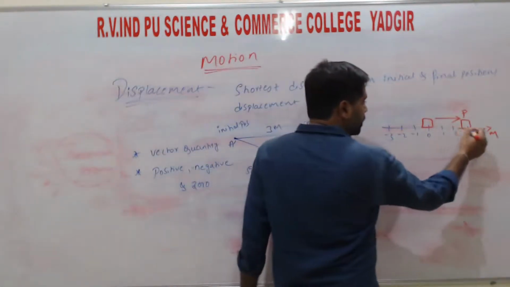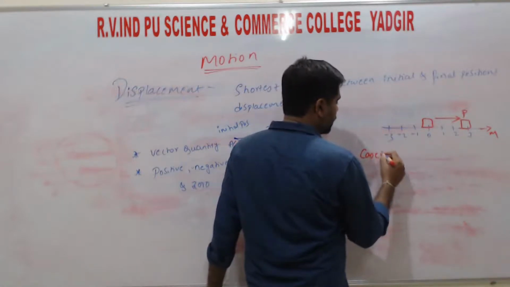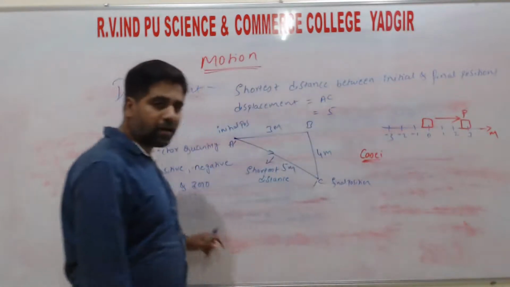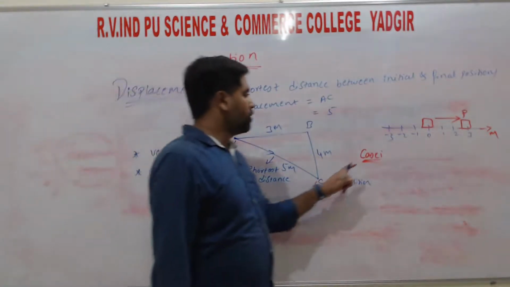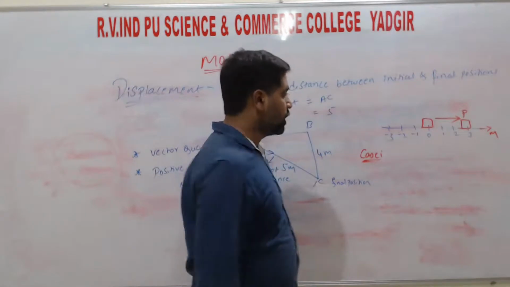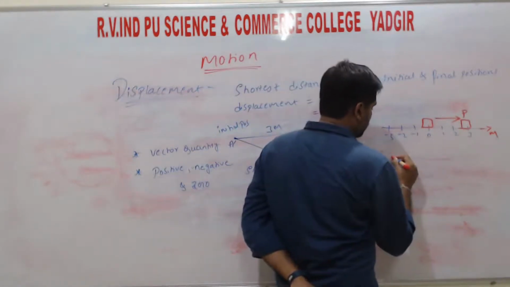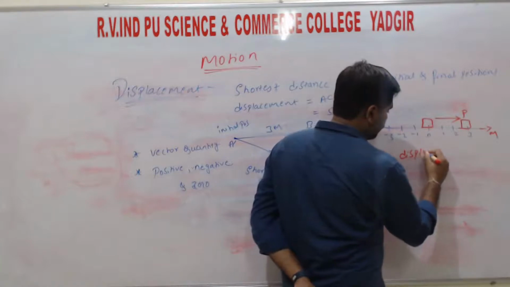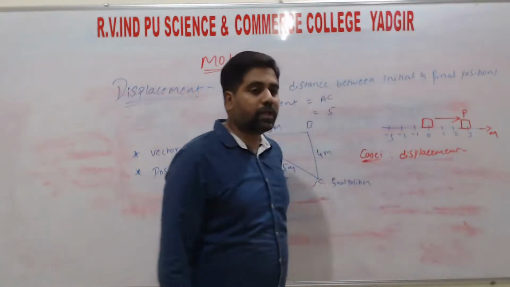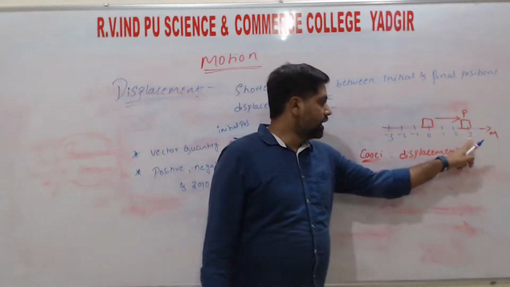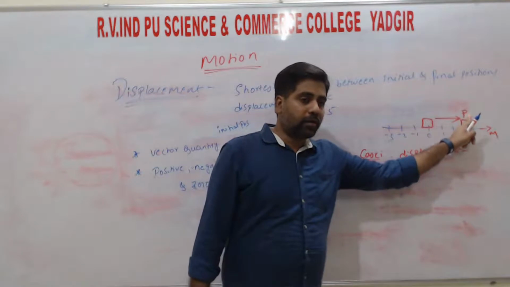Next, considering this one as case 1, right? So here we have three cases, right? Positive, negative, and 0. For the first case, displacement is nothing but the shortest distance between the initial, this one is the initial, starts from O and ends at P, right?